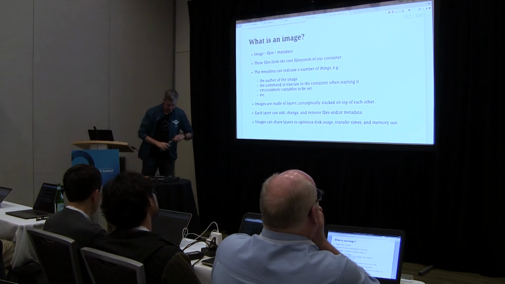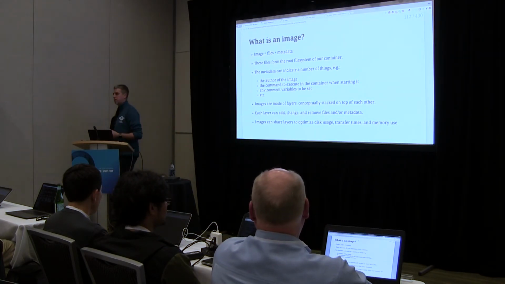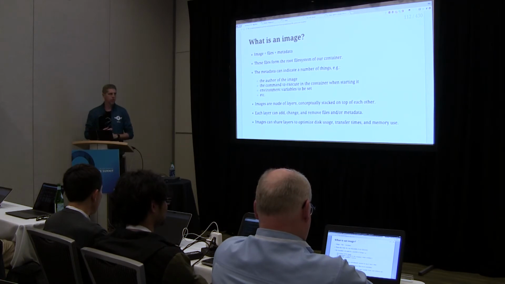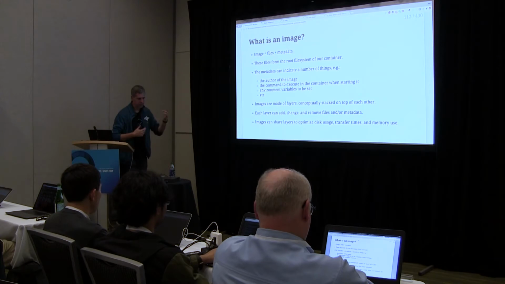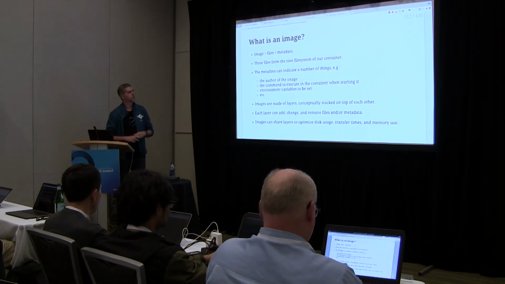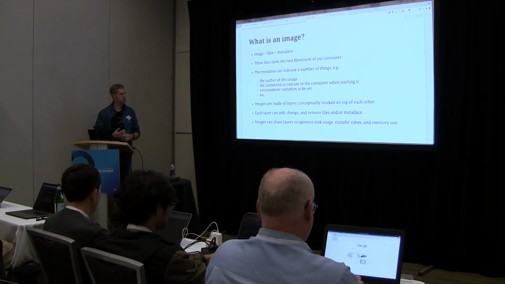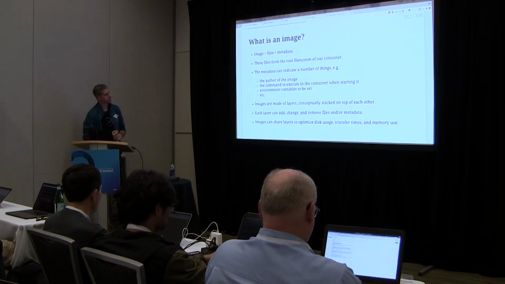So a Docker image, and as I said at the beginning, the Open Container Initiative has taken that format and standardized it. So even if we're talking about other runtimes that are OCI compliant, all these same things hold, whether we're talking about running an image with Docker or containerd or Kubernetes or some other tool.